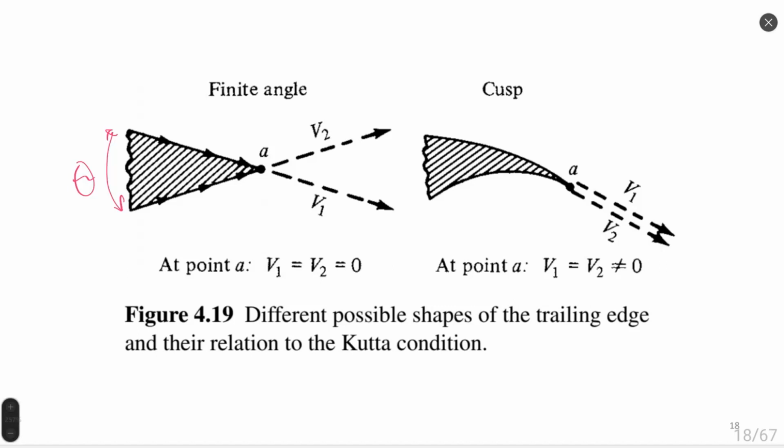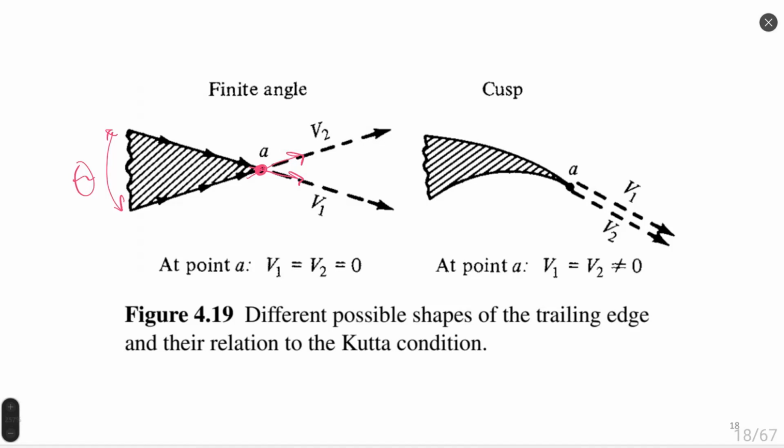In such case, when flow goes from top and from bottom of our airfoil, it meets at same point A, and according to wall direction, it should go in two different directions at the same point. Since movement of flow is possible just in one direction, these two velocities v1 and v2 will be equal to 0. Okay, this is the only case possible when you equilibrate velocity at point A. Velocities are equal to 0.